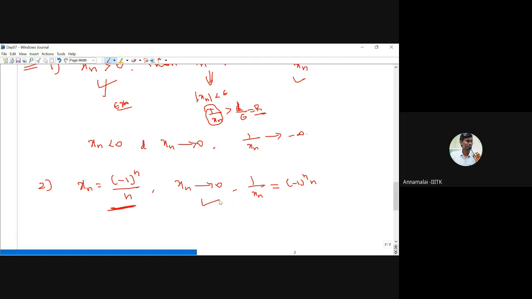Even if xn converges to 0, we cannot say 1 by xn diverges to plus infinity, provided each xn is positive. So this sequence neither diverges to plus infinity nor to minus infinity.